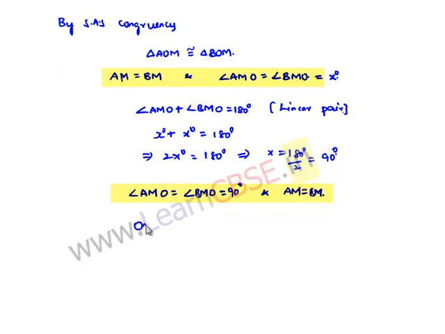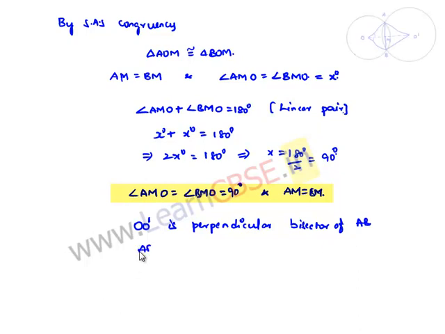Therefore, OO' is the perpendicular bisector of AB, and the relation is mutual, so we can say that AB is also the perpendicular bisector of OO'. This is the required proof.